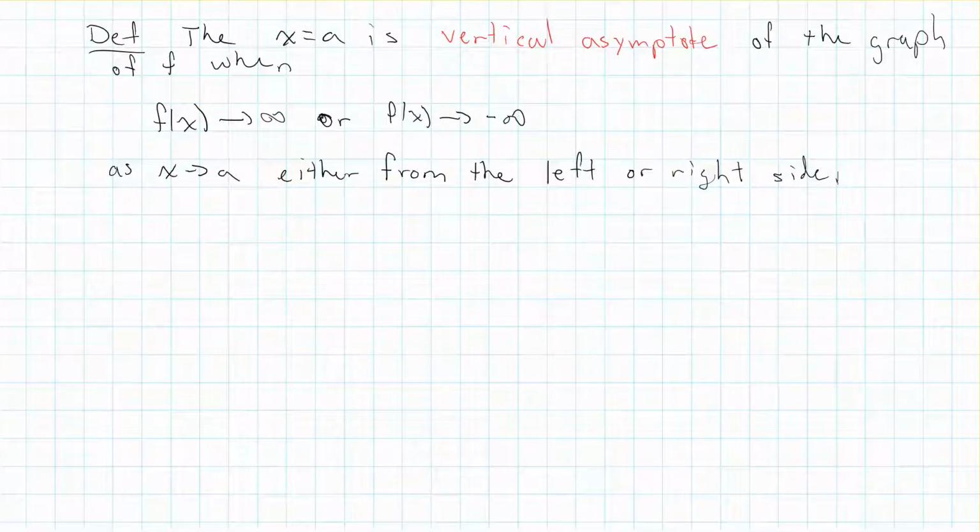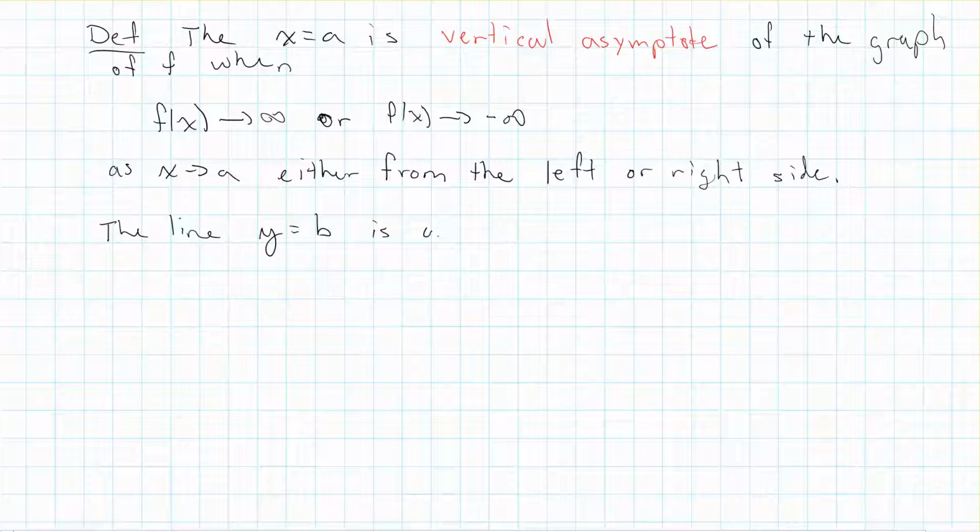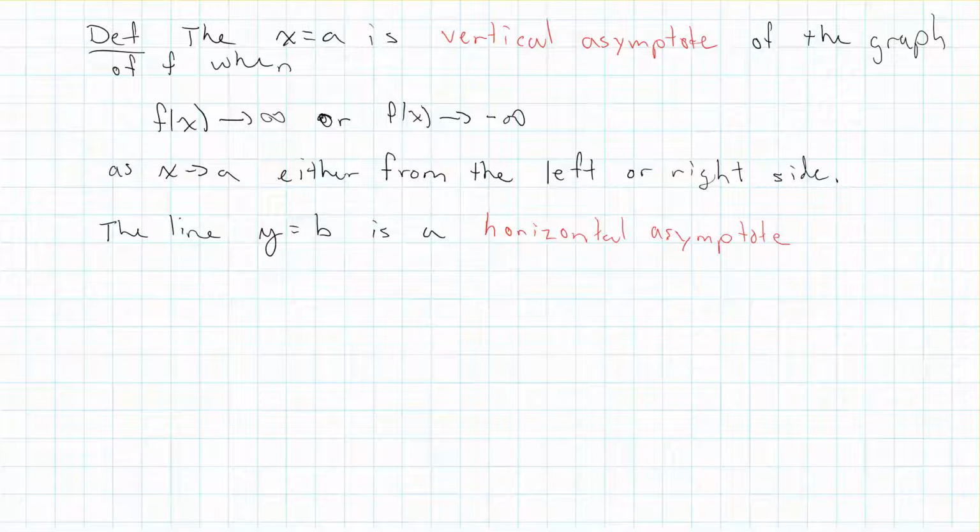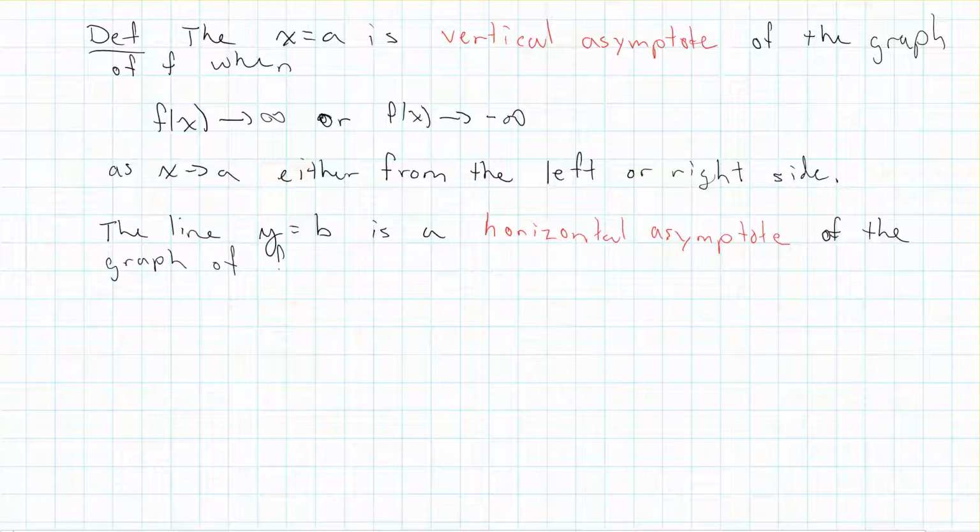Alright, so let's do the horizontal asymptotes. So the line y equals b is a horizontal asymptote of the graph of f when, well, in this case, f of x isn't approaching positive or negative infinity.